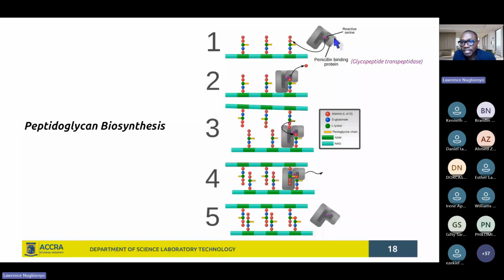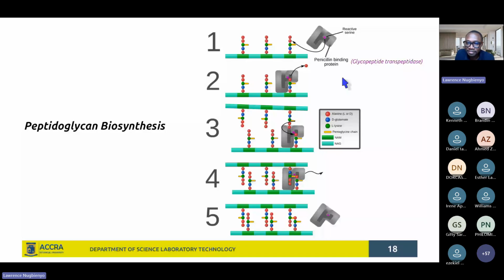Then you see there is a protein we are referring to as penicillin binding protein. In this case, because we are looking at biosynthesis, let's refer to it as glycopeptide transpeptidase, because that is the name of it as an enzyme.